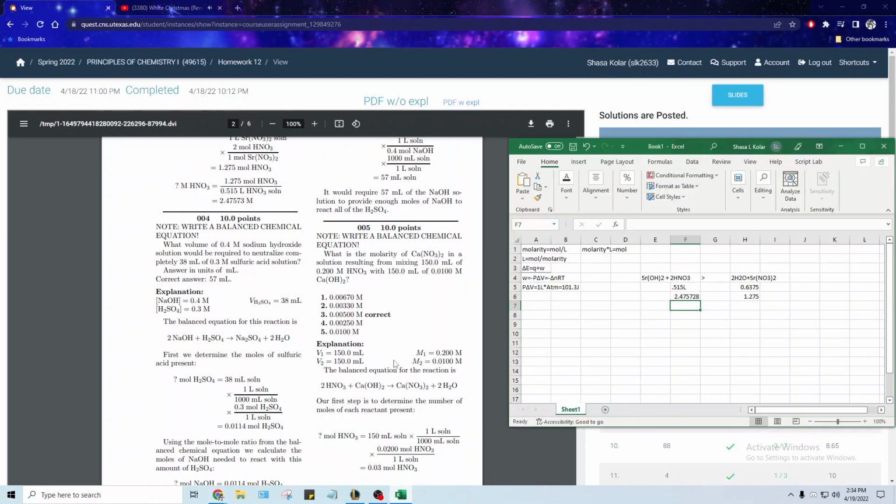For number 4, this is another similar problem, but instead of converting across the equation, we're actually neutralizing.